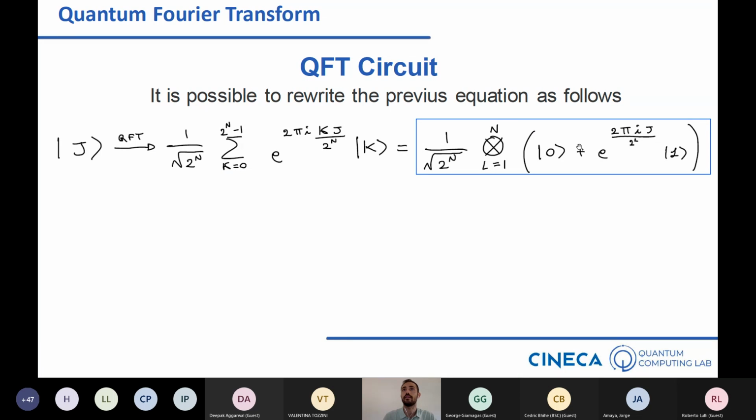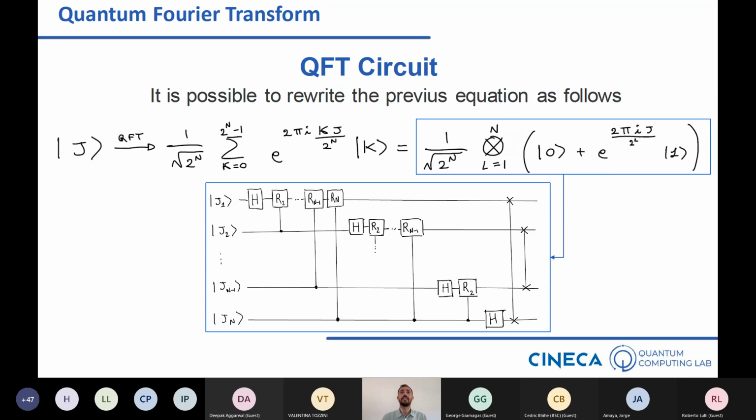And there is a circuit that realizes exactly this transformation, which is this one. You can see that you have n qubits. To each one is applied a Hadamard and then some controlled rotations.